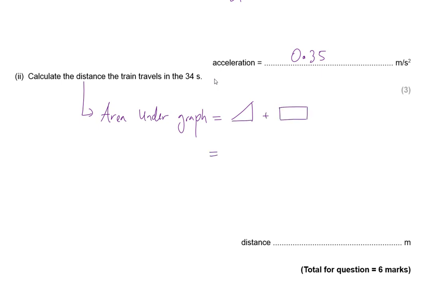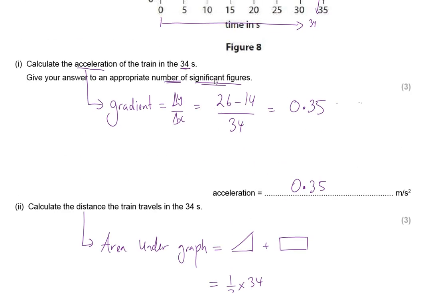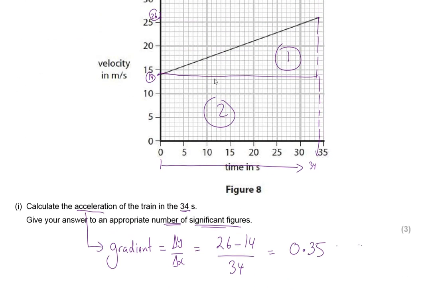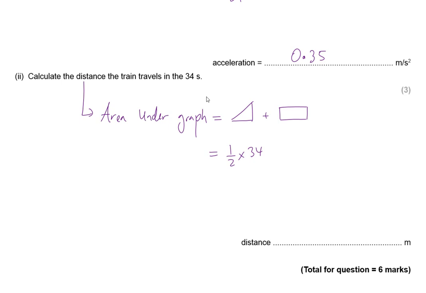Now the area of the triangle would be half multiplied by base. The base is 34. How do we know the base is 34? Look, the base is from here all the way down here. So therefore it's 34 seconds. And the height is from here to here. So the height is from 14 to 26. So therefore it is going to be 12. So the height is multiplied by 12. Put in brackets to make it all nice.